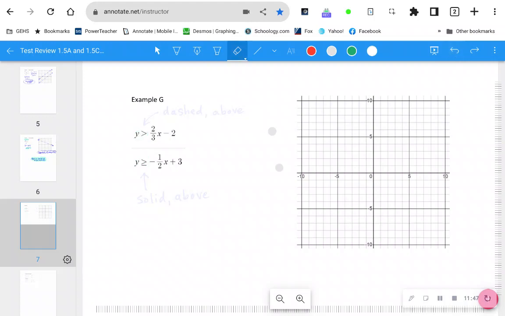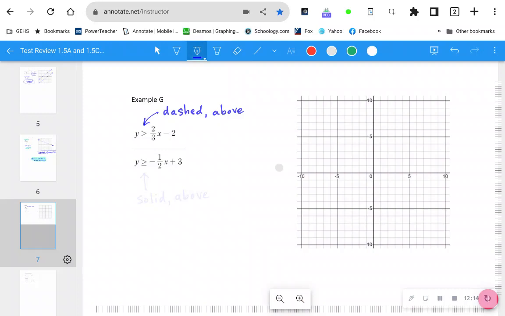And that means you're going to be shading on one side of the line, since any y value that's bigger than the y values on the line will be above the line. Now I'm going to give you a little chart later that'll show you all the different possibilities here, but for now I'm just going to tell you that when y is greater than, you're going to use a dashed border and you'll shade above the line.